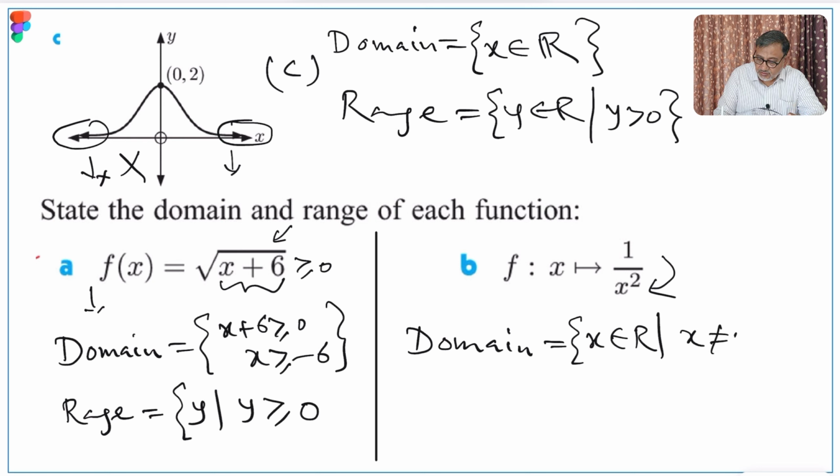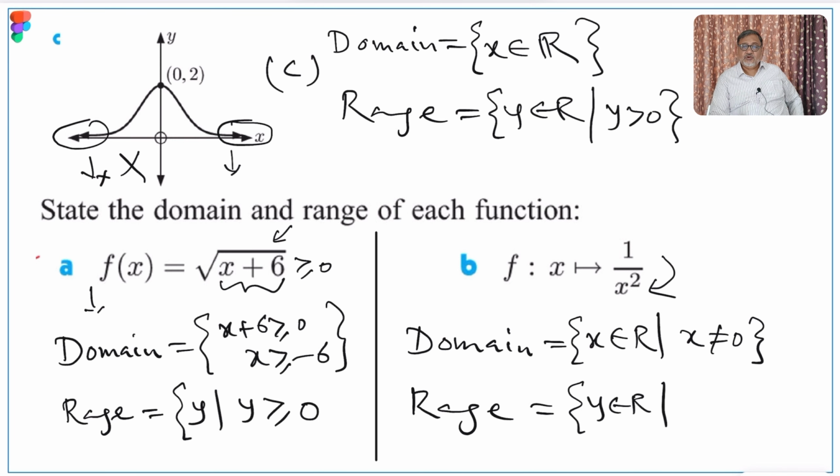So x not equal to 0. And the range can also take any value, but it cannot take the values of the asymptotes. So y greater than 0. Here we don't have an asymptote, but it should be greater than 0, because if it is 0, 1 upon 0 will not be defined. I hope you understood this.